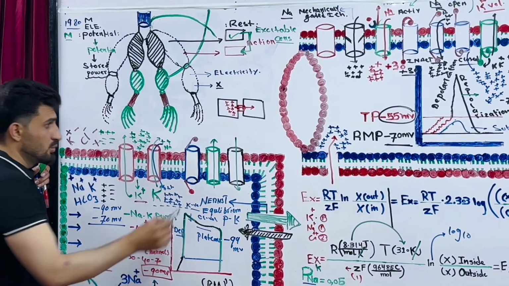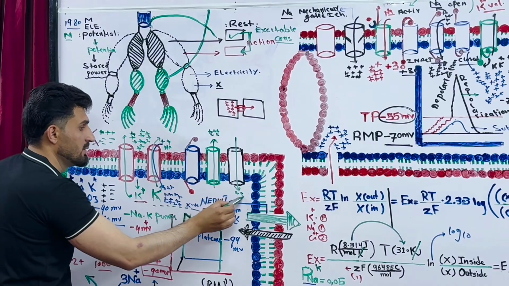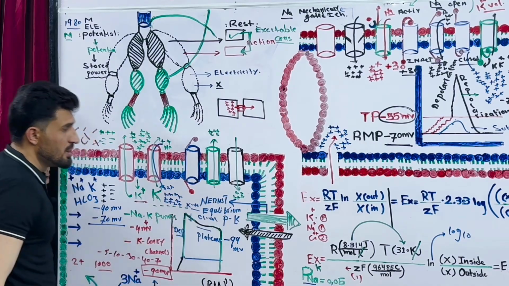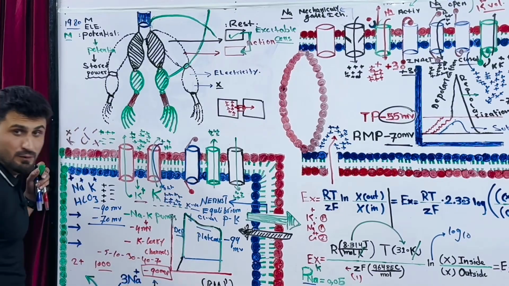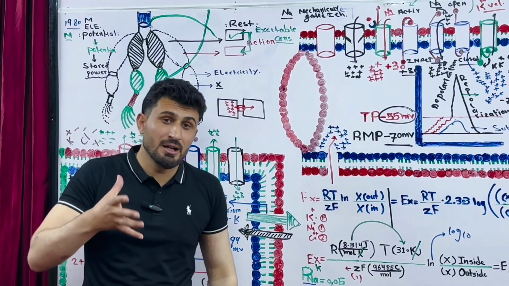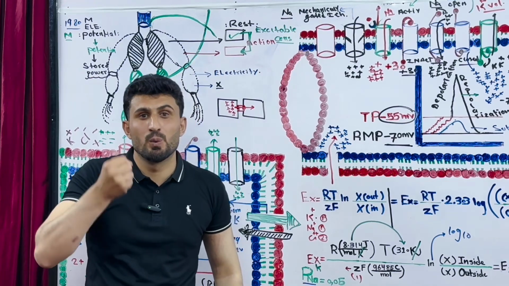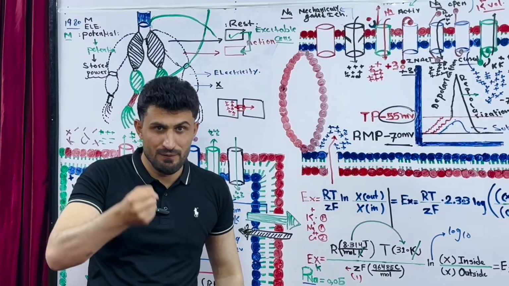So we lose a lot of positive charges and we gain a lot of positive charges also. So that's why for a moment this graph will be at plateau phase, and it helps our cardiac muscle to pump very well, to pump blood efficiently.